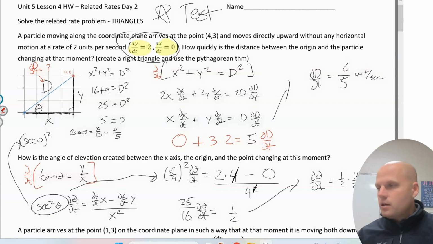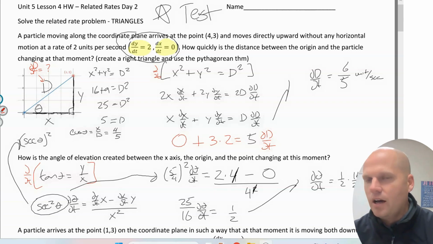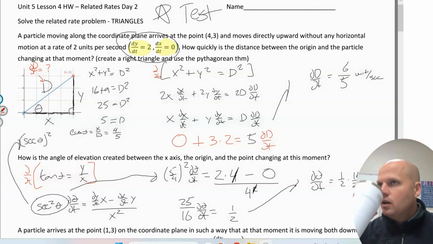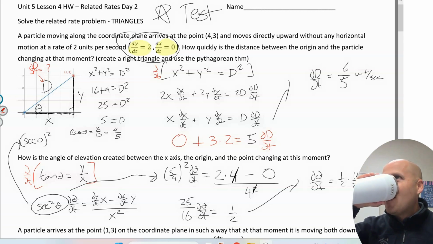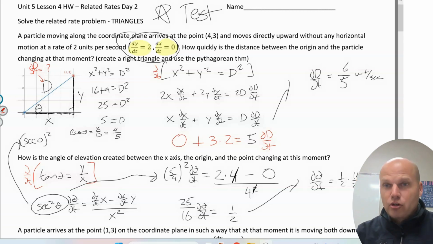It's radians per second, not units per second. The angle is increasing, which makes sense. Think about this particle moving upward. Since it is moving upward, this angle is going to be increasing. So things make sense.